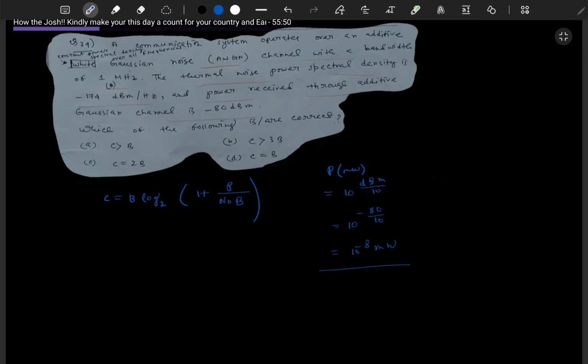Okay, equal to kT by 2 and not equal to kT.